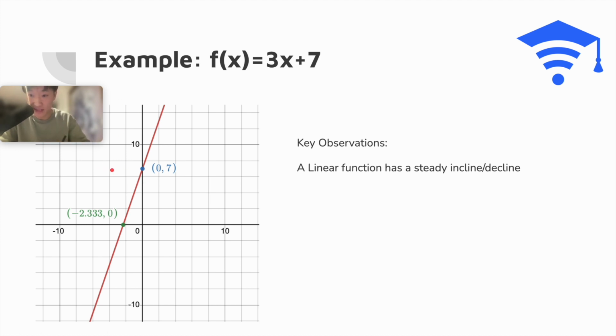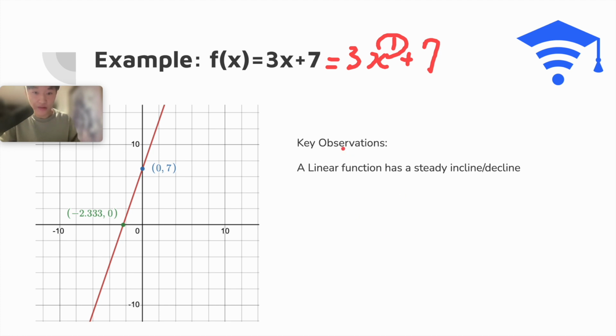And as can be seen, this is a very straight line. That is valid, but at the same time, you can look at the degree of this function. It's actually 1, right? Because 3x plus 7 is just 3x to the power of 1 plus 7. The degree is 1. And as can be seen, this function satisfies the vertical line test. So there you have it. This satisfies the definition. This is a linear function.